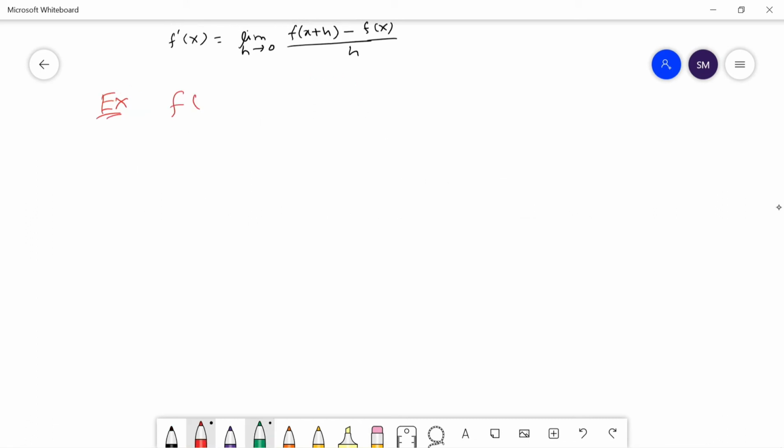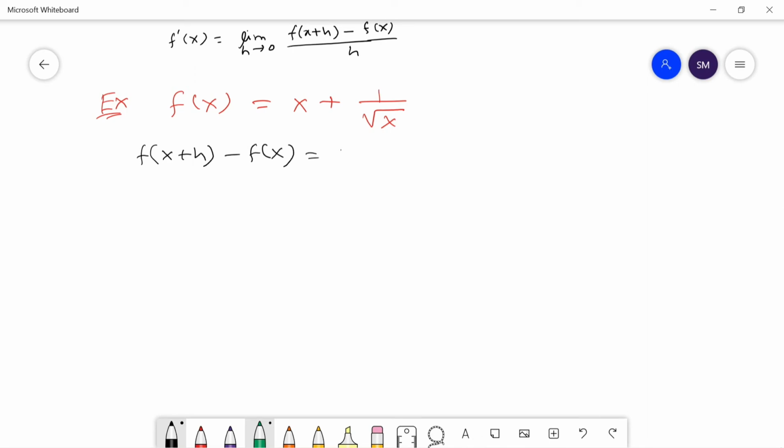Next example, f of x is equal to x plus 1 over square root of x. So let's first separately calculate f of x plus h minus f of x.